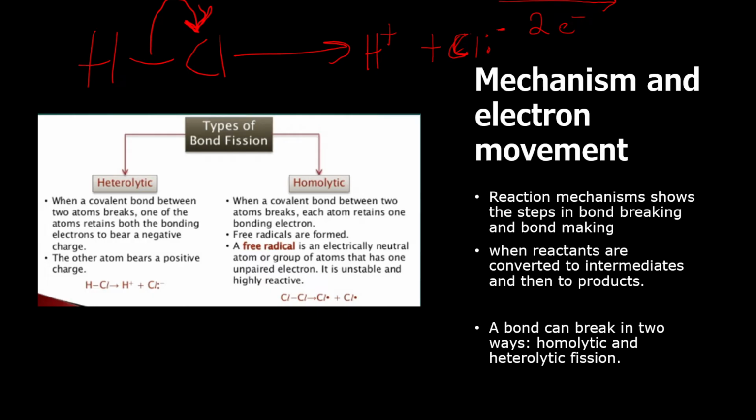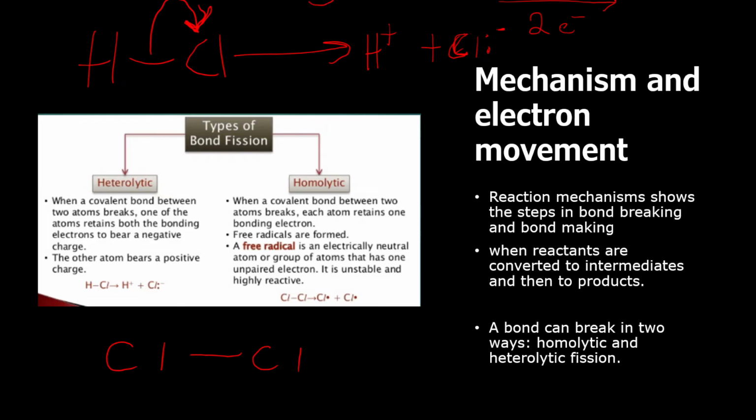Now, let's say that they have comparable electronegativities, such as in the dichlorine molecule. So we're going to have this here. They have comparable electronegativities, so they won't cleave heterolytically. Which this is heterolytic cleavage, by the way.